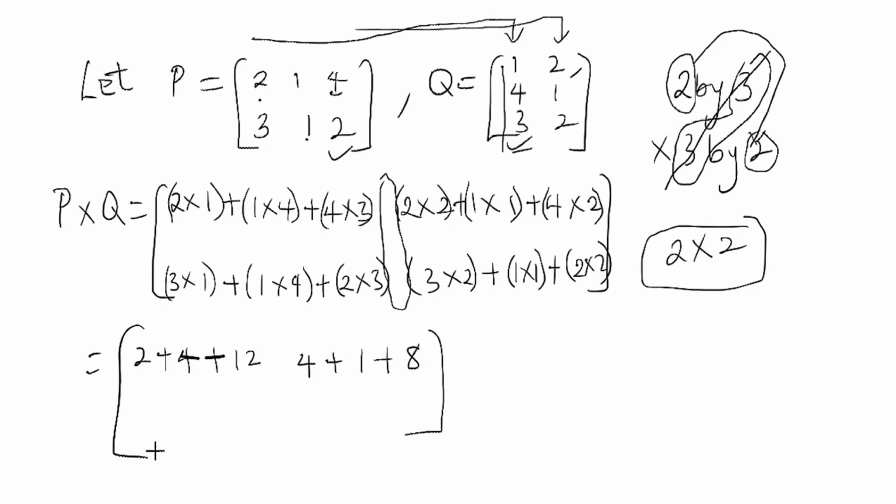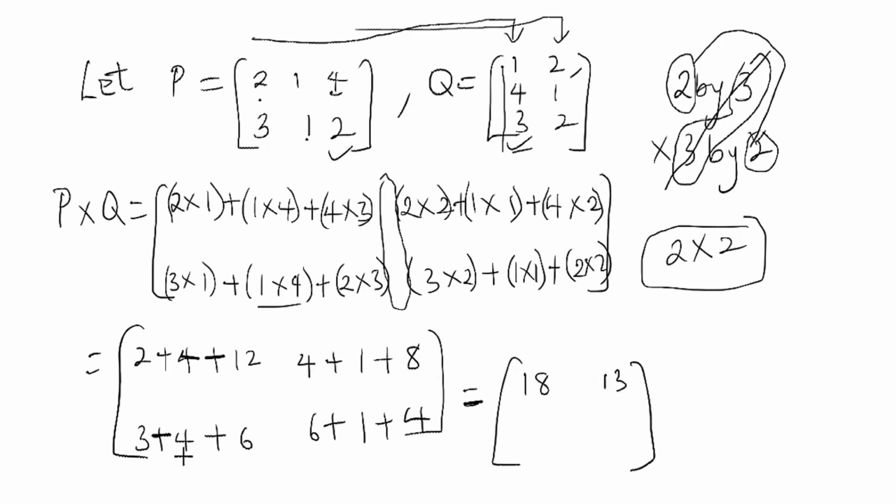And then we have 3 times 1, 3, plus 1 times 4, which is 4, plus 2 times 3, which is 6. Lastly, we have 3 times 2, which is 6, plus 1 times 1, which is 1, plus 2 times 2, which is 4. So this is going to give us 2 plus 4, 6. 6 plus 12 is 18. 4 plus 1, 5. 5 plus 8 is 13.